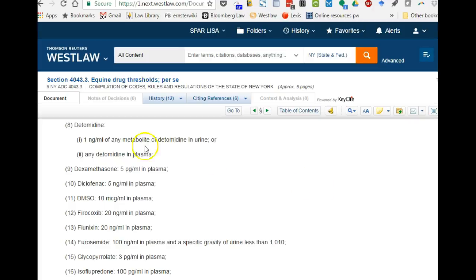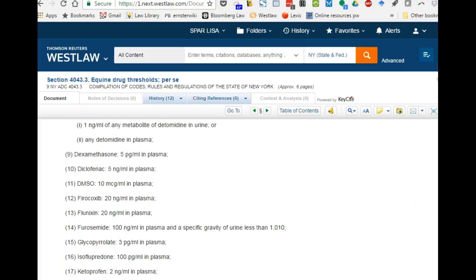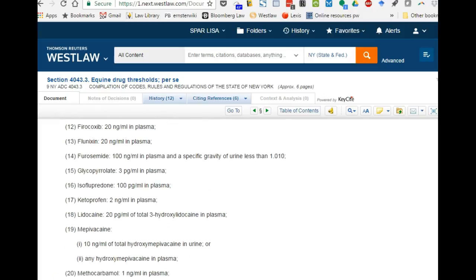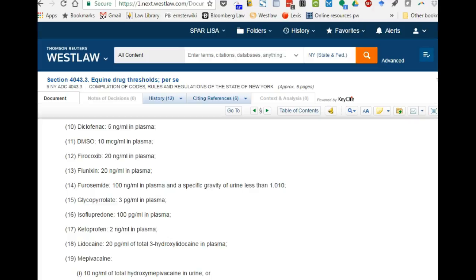And it's in this list here, and you see all sorts of drugs here that I'm not even going to try to pronounce. And he was interested in one of these because he had a client who was given a citation and a fine for having too high an amount of one of these. Oh, here it is, Furo. Like I said, I'm not even going to try to pronounce that. If any of you are horse people, please chime in.